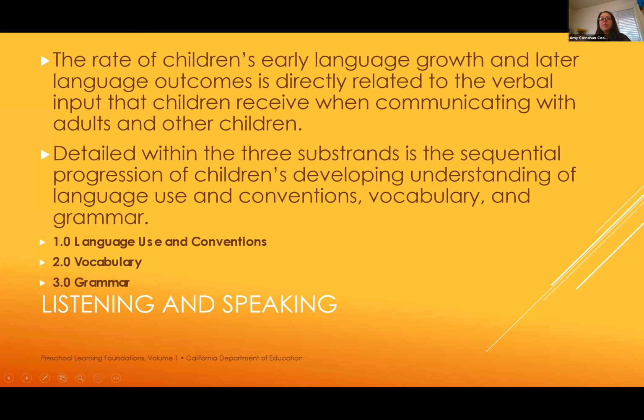So listening and speaking, and I'm going to move my little box down here so you guys can see better. Listening and speaking is all about children's use of language and the conventions that go with that, exposure and use of vocabulary, and then also understanding how to use those words in what we would call then grammar.